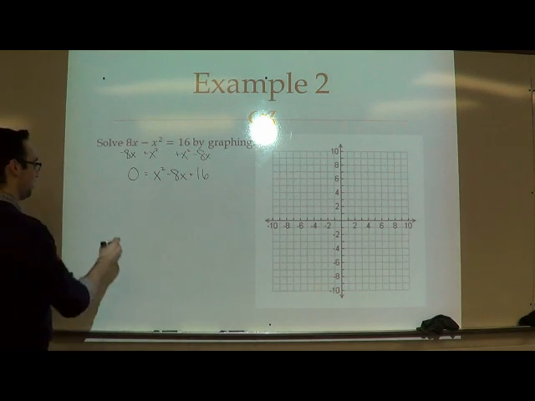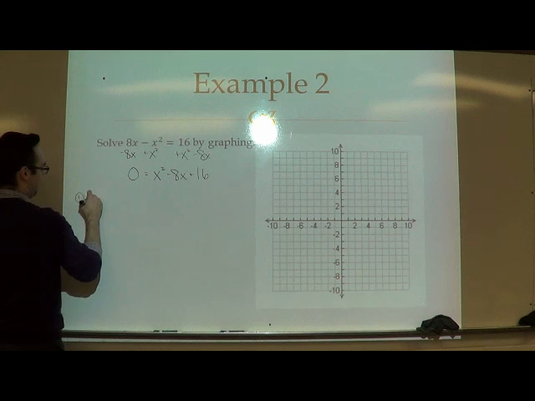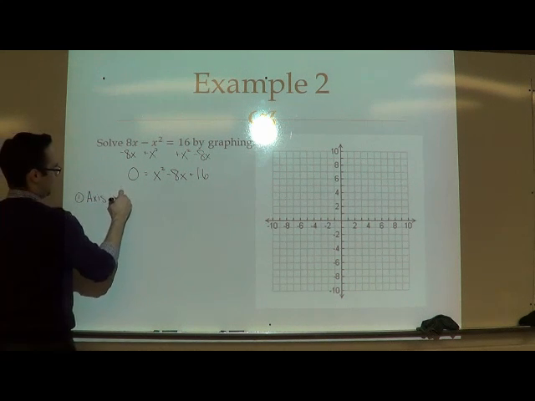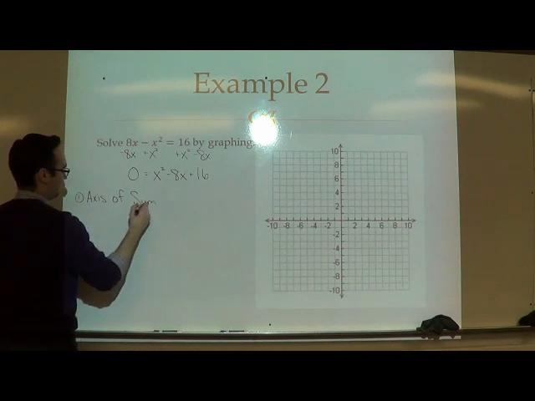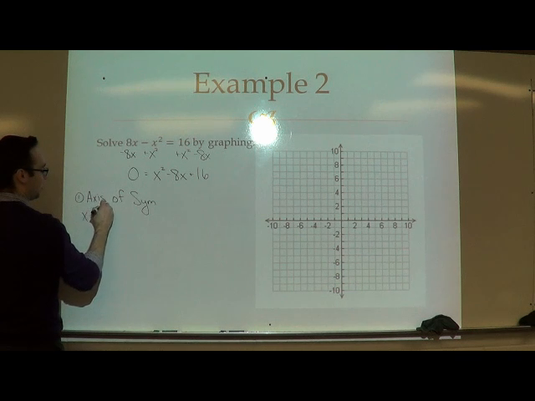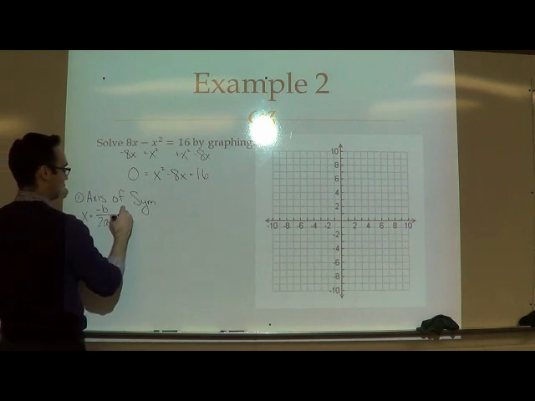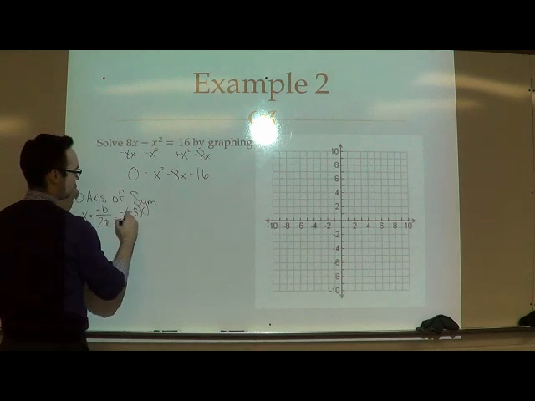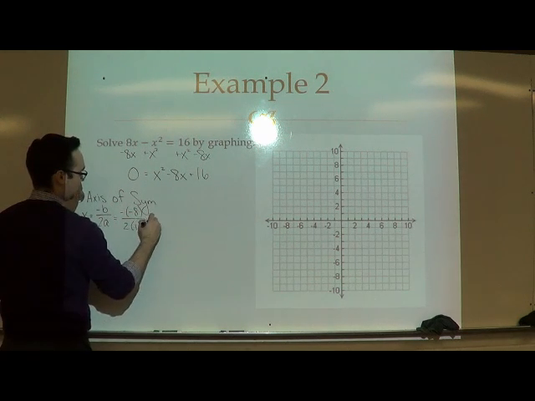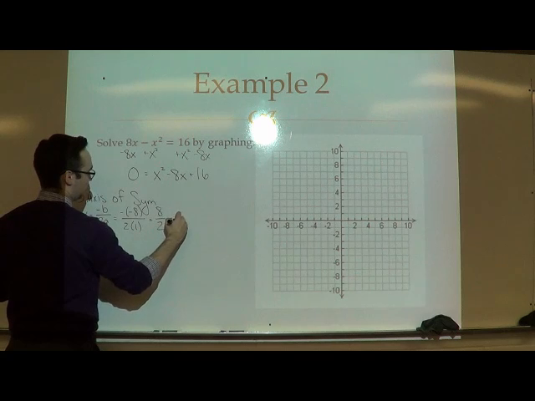Now I can go through my steps. The axis of symmetry, we have x equals -b/2a, which is going to be a -8 all over 2 times 1. 8 over 2 is 4.